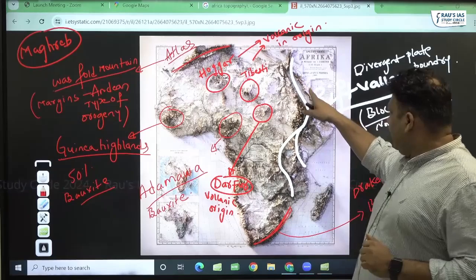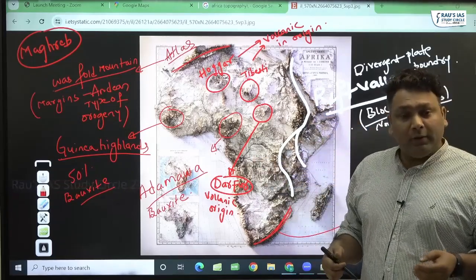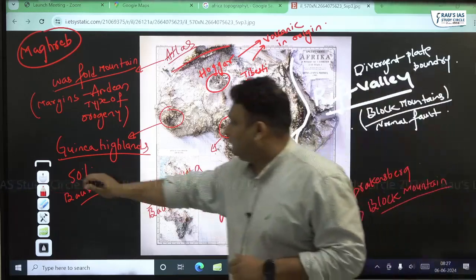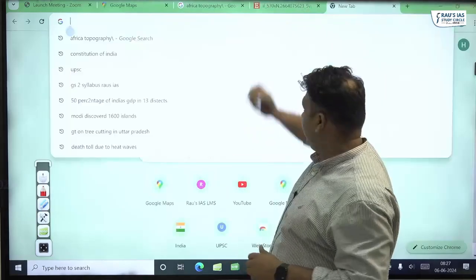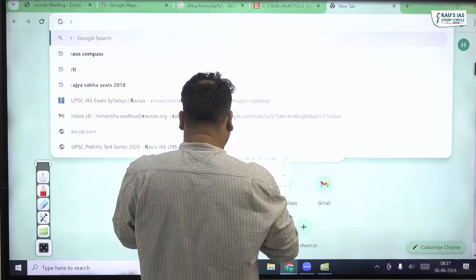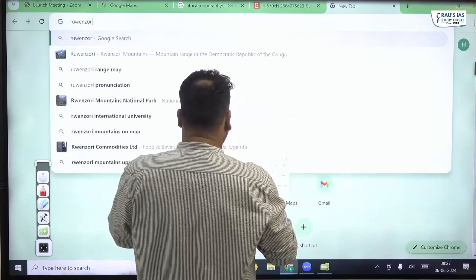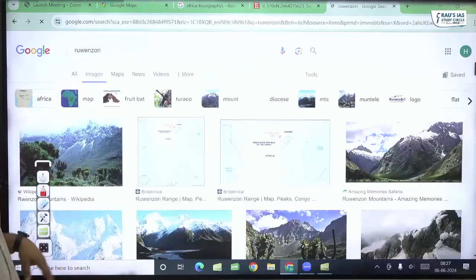Next, along the Great Rift Valley, you should be having a block mountain. But can you imagine a block mountain which is so high in Africa? This is called the Ruwenzori Mountains.